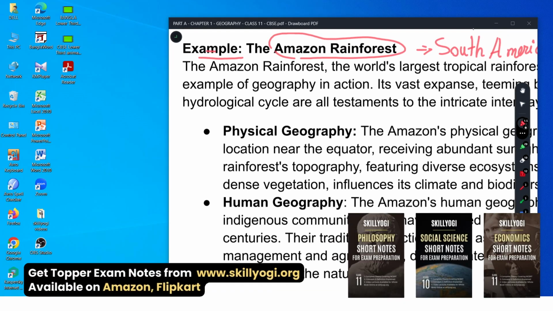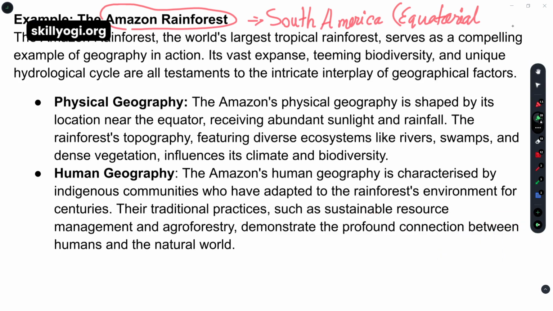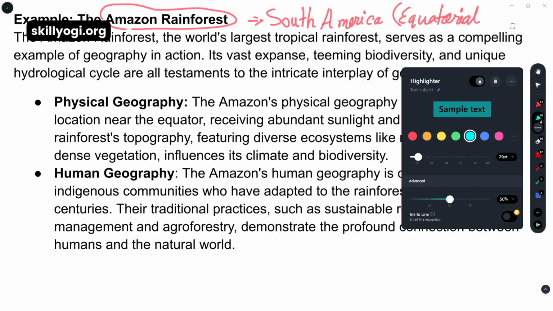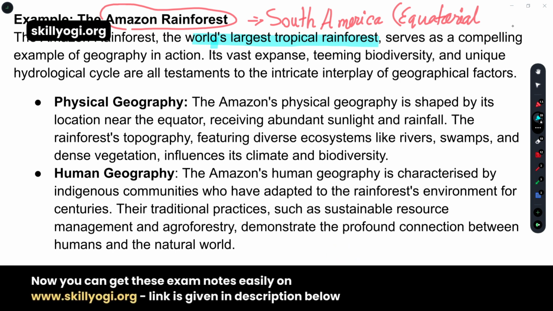So the Amazon rainforest is the world's largest tropical rainforest. It's located in the tropic area and equatorial area, and serves as a compelling example of geography in action. Its vast expanse, teeming biodiversity, and unique hydrological cycle are all testaments to the intricate interplay of the geographical factors.